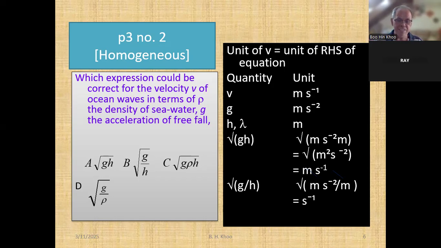So usually the answer is A or B. They are very kind. They won't force you to do everything. Okay, answer is A. Same unit on left hand side as on right hand side.